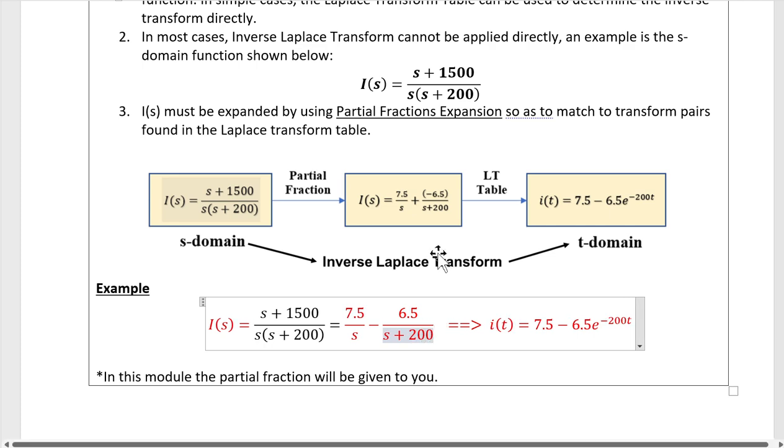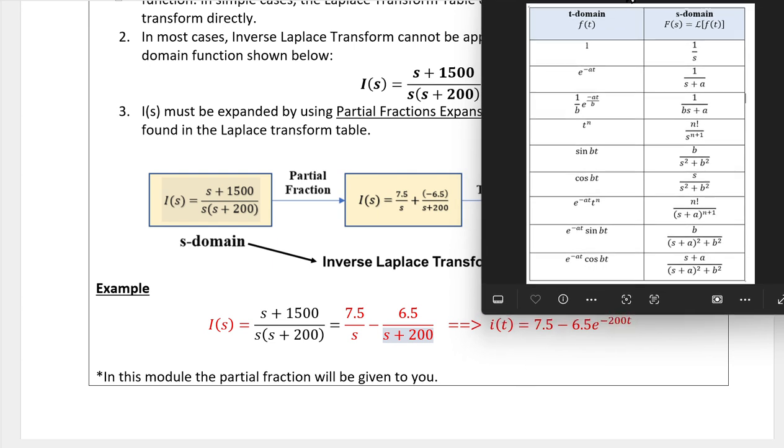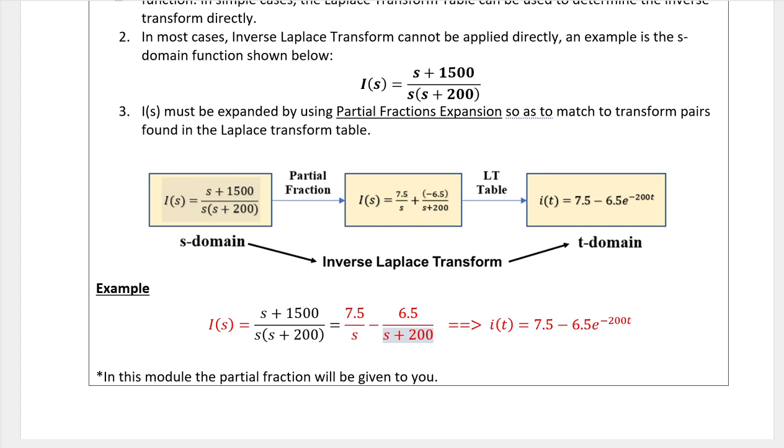S plus 200. So when we transform, we will get 6.5 times e to the power minus 200t, where the 200 here is the a. That's all. For any transform, we just follow this table and we can immediately do it. First step is to do the partial fraction and then to do the transform.